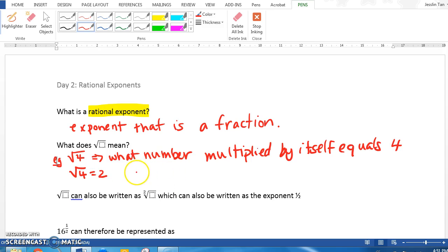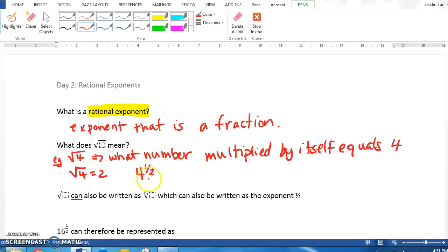Now, another way that we can write this is using a rational exponent, where this square root symbol actually means to the exponent of 1/2. So that's another way to write it. Another way, using the full notation with the root symbol, is to write the denominator beside the root symbol.